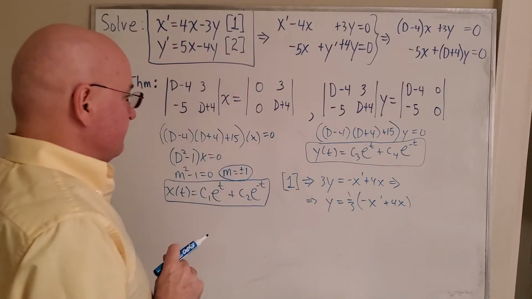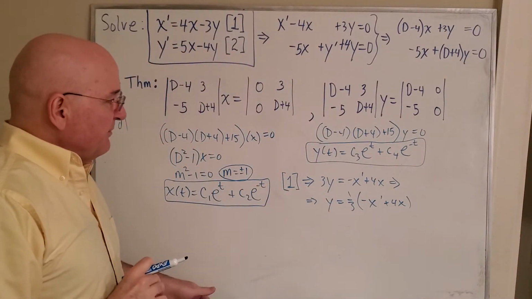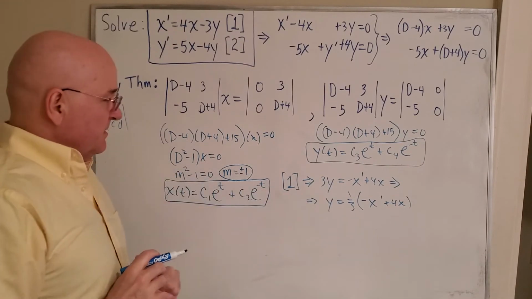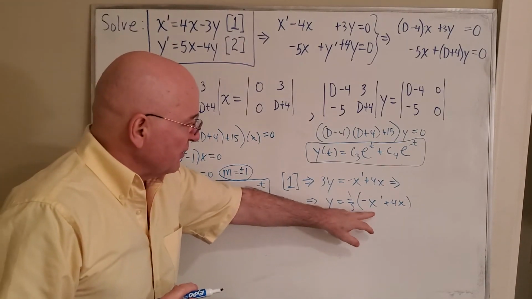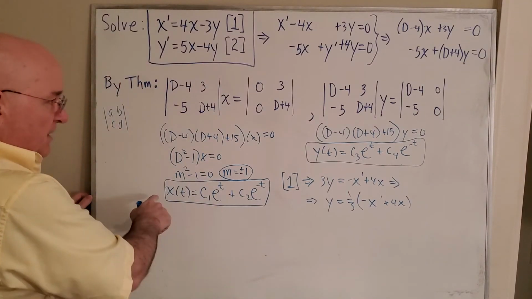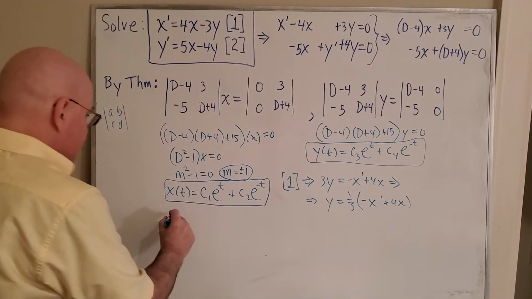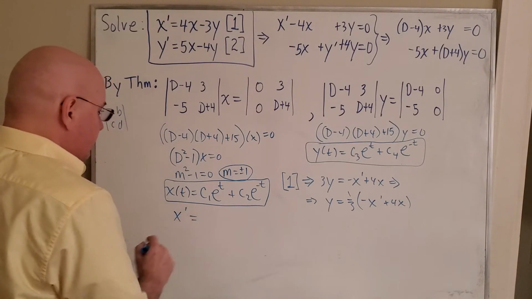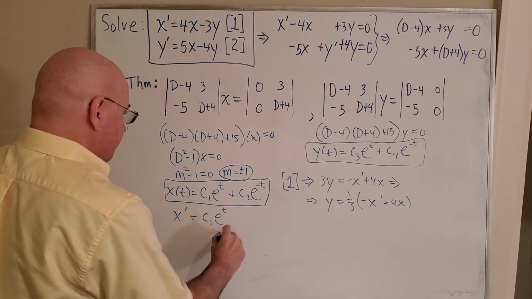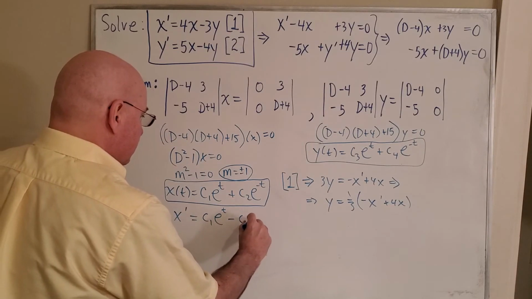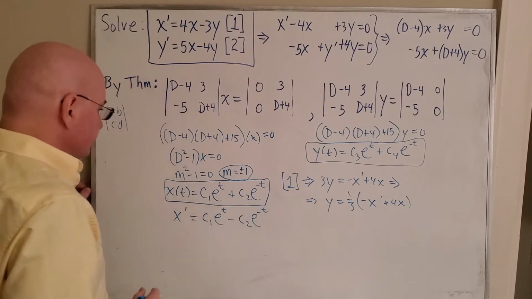Not yet, anyways. So now we've got to make some heads or tails out of this. Well, what is negative x prime? For starters, what is x prime? Well, let's go over to x. We already solved for x. x prime is going to be c1 e to the t minus c2 e to the negative t.